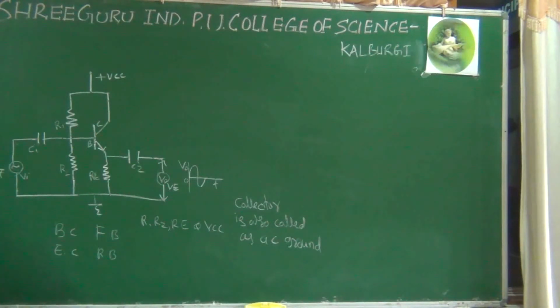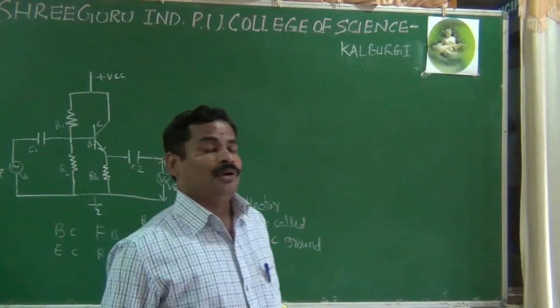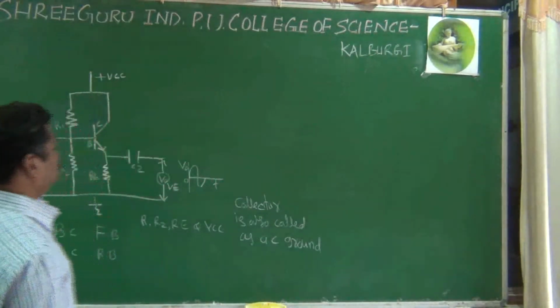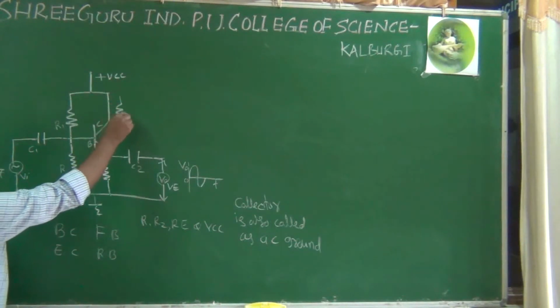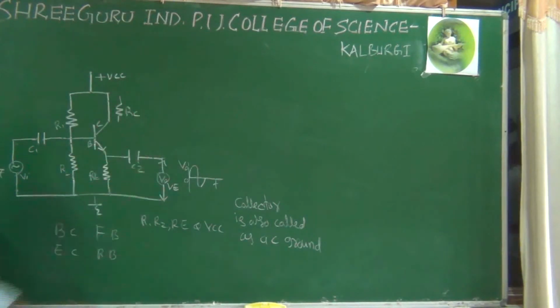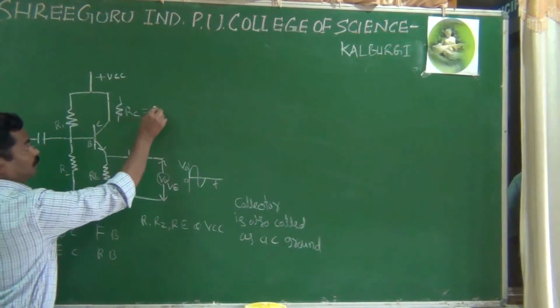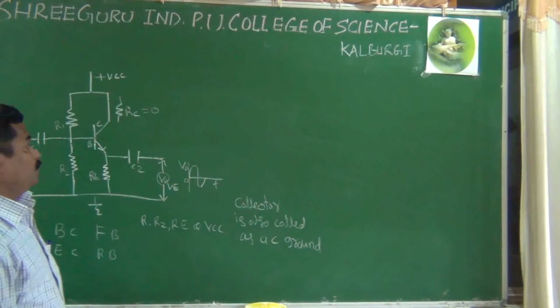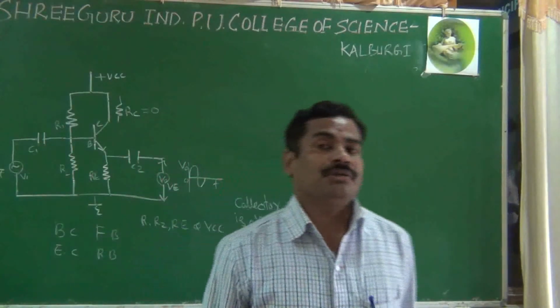Because if you are using the common base or the common emitter, in the collector you are using one RC. This RC is not there here, or you can say RC will be 0 for your common collector. When you go for common base or common emitter, you are using the RC.